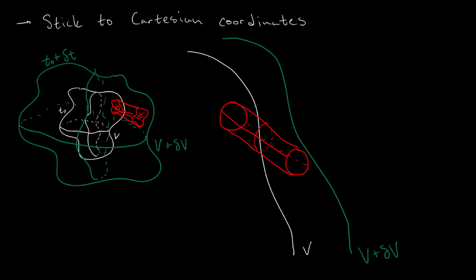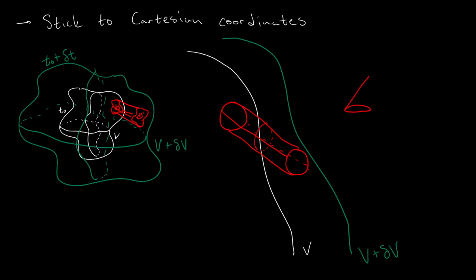Now, if ds is very small, we can expect that the part on V and the part on V plus delta V are going to be pretty much the same size. Specifically, we're going to make ds infinitesimal, so it's going to be the same size either way. So I'm going to end up with some shape.